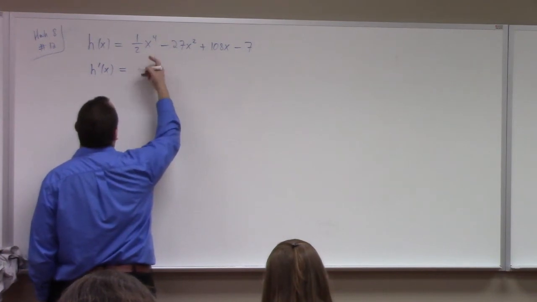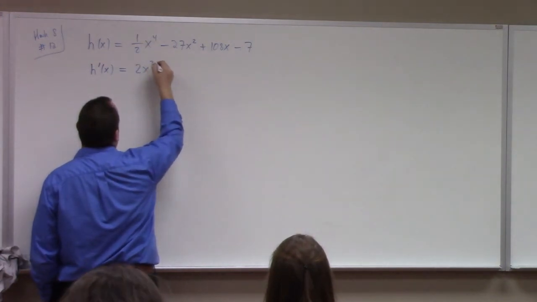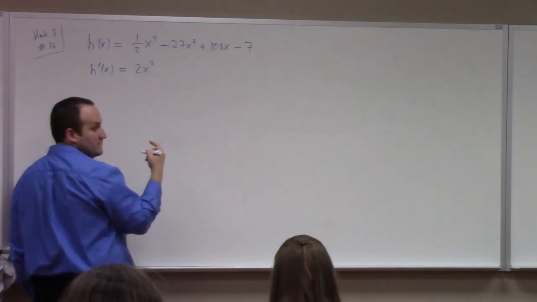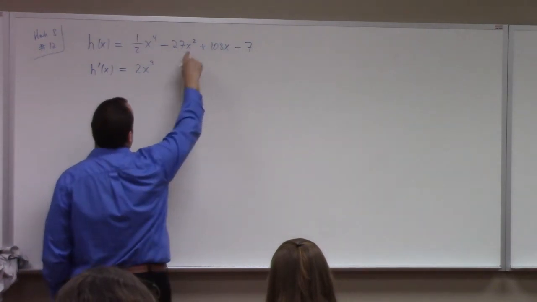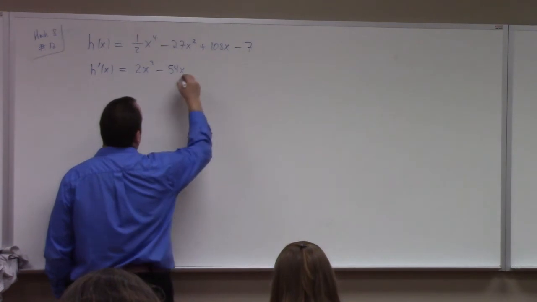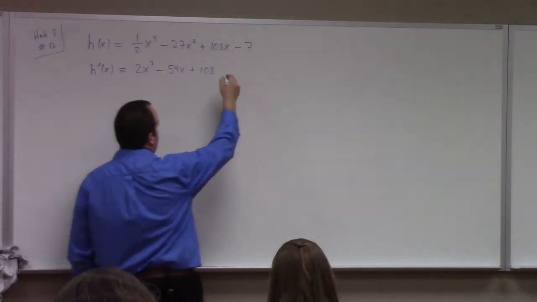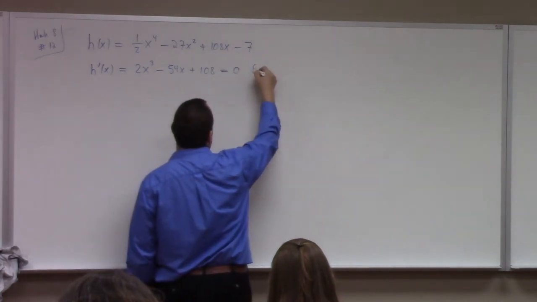That's what? 4 times 1/2 is 2x cubed, right? Do you guys agree? First, this gives me minus 54x plus 108. And I'm going to set this equal to 0 for critical points, right?